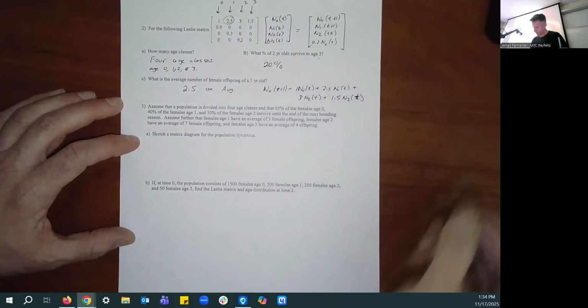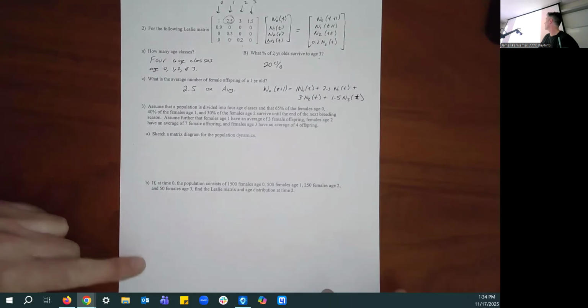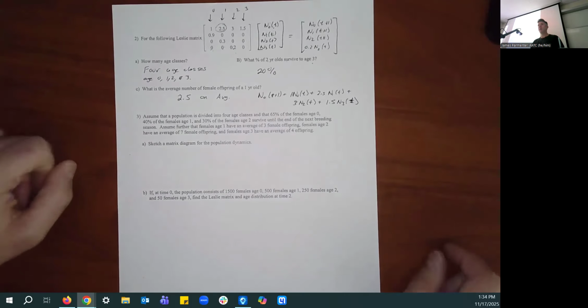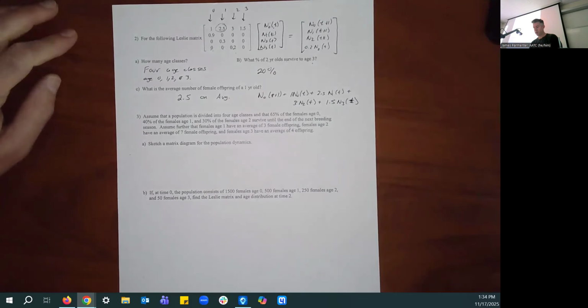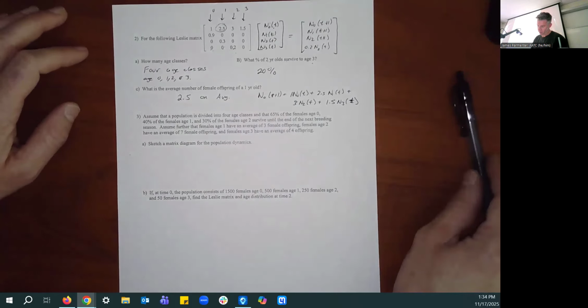So 2.5 on average. It's all about matrix multiplication. Let's look at the next question.